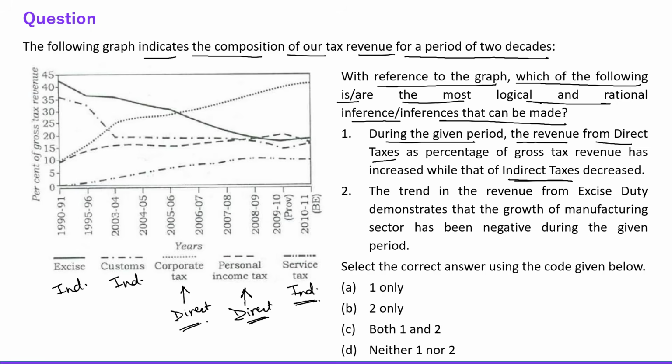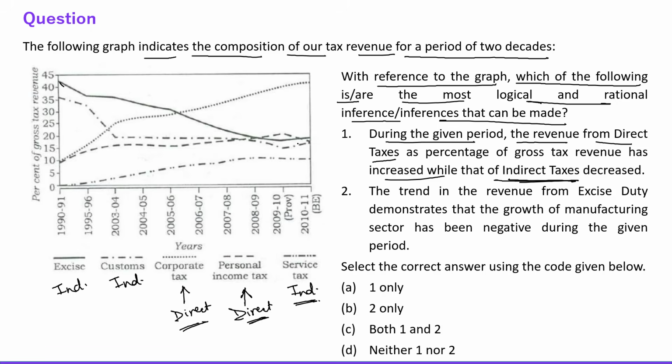Income tax and corporate tax. These are direct taxes. So the question is saying, during the given period, the revenue from direct taxes as the percentage of gross tax revenue has increased while that of indirect decreased. Okay, let me check. If we talk about the indirect taxes, excise tax is decreasing.